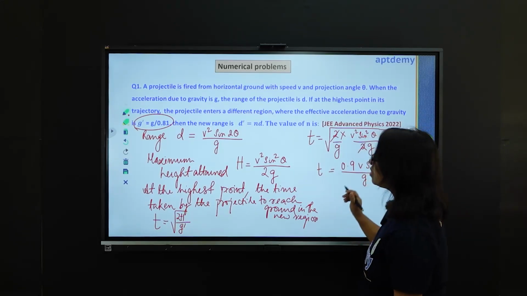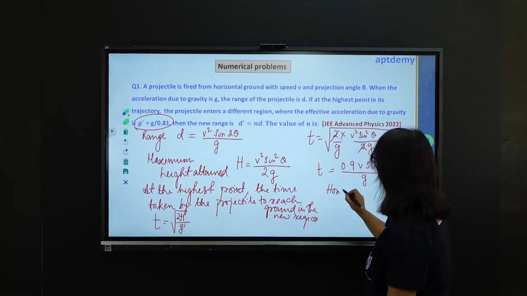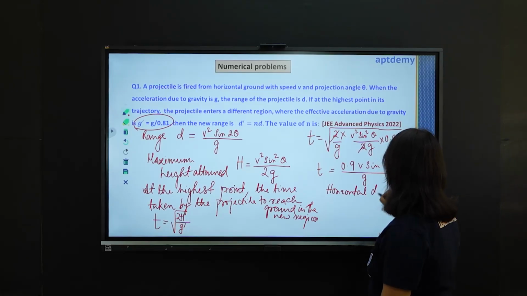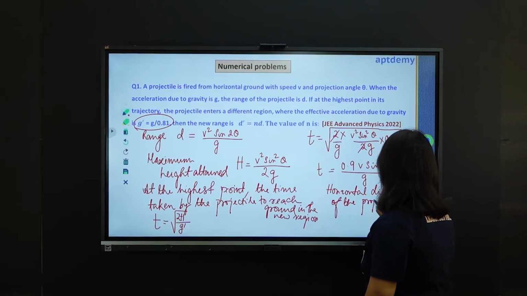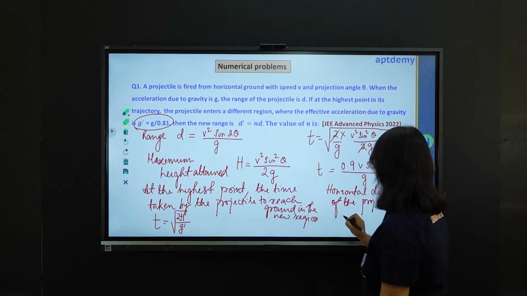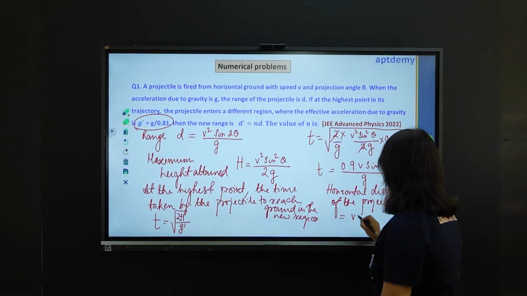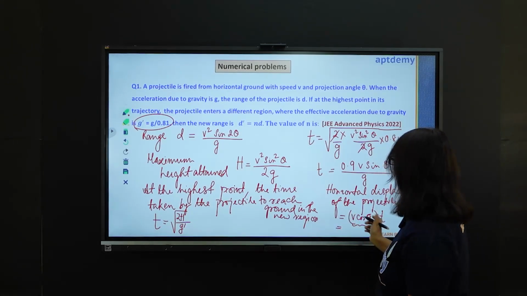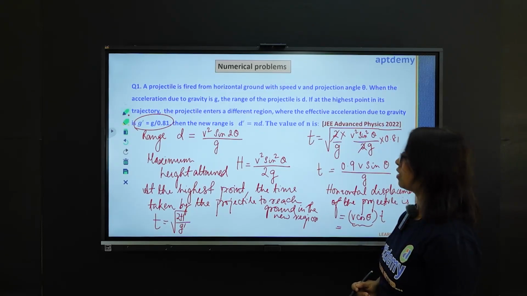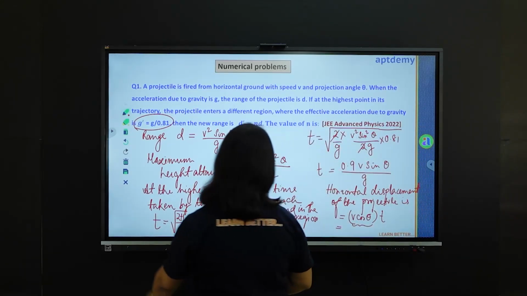So the horizontal displacement of the projectile is given as v cos theta times the time. This is the horizontal displacement and it is taking place in a time t. We can find this out. Let's do this.